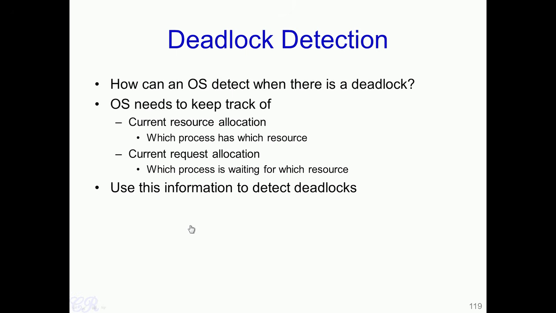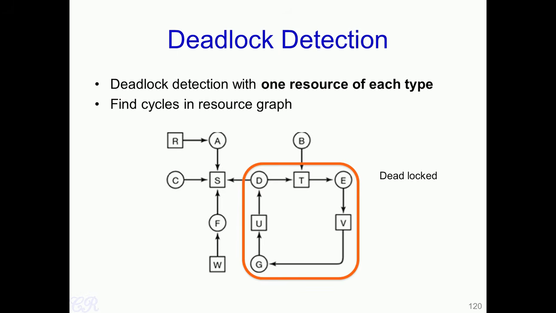The OS will then use this information to detect if the system is in a deadlocked state. So, the way the detection could work is by finding cycles in the resource allocation graph.